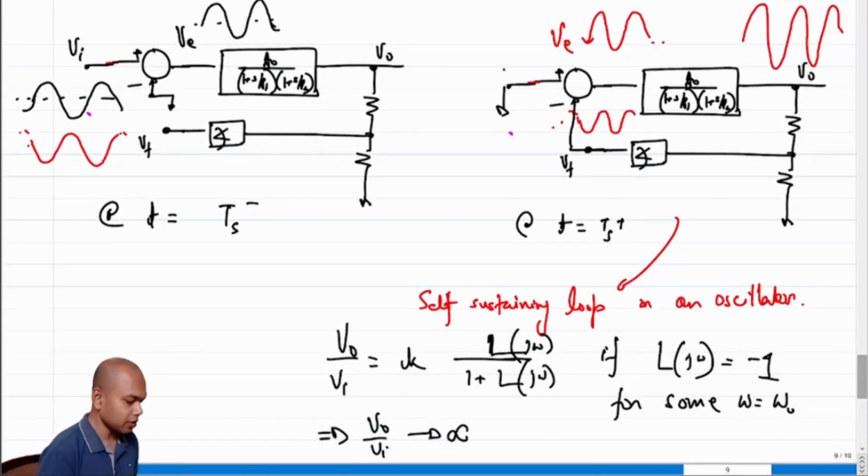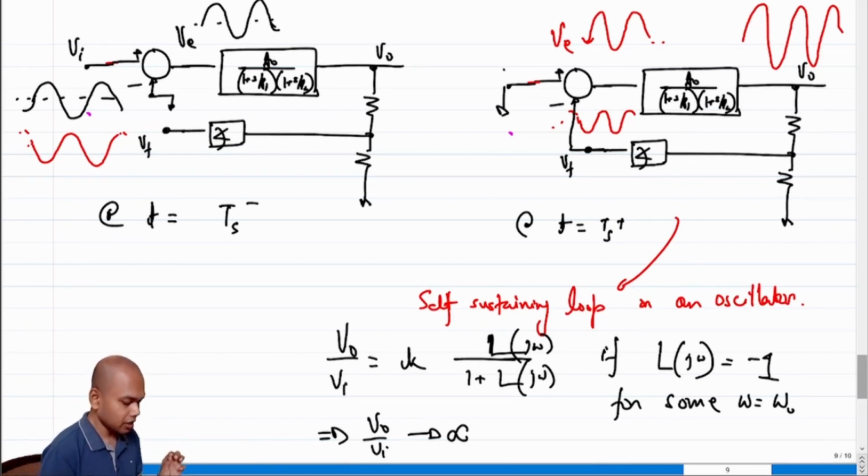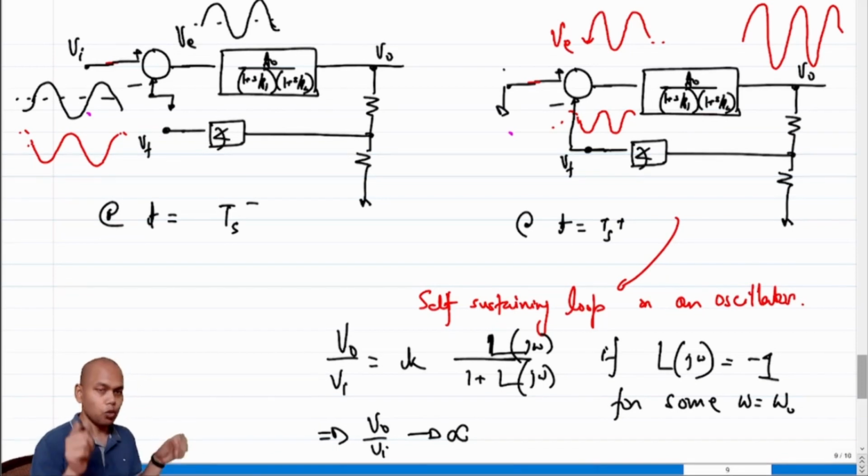So in this case, as you can see, at the frequency at which you satisfy this criteria of loop gain equal to 1 and the overall phase in the loop is equal to 180 degree, then this loop can latch on to that particular frequency and you will keep on getting sinusoids of that particular frequency.